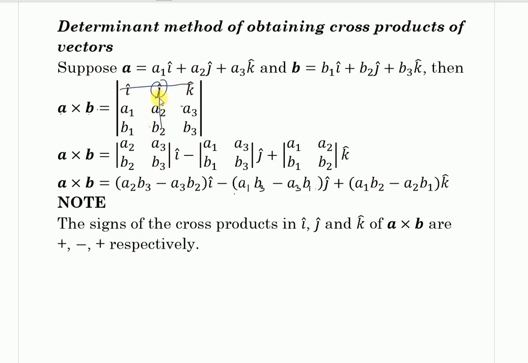In other words, j is on the first row and the second column. Those are the row and column you cancel out. So you cancel out the first row and the second column. Then the values which remain are A1, A3, B1, B3. That is for j. Then for k, this is what you have.